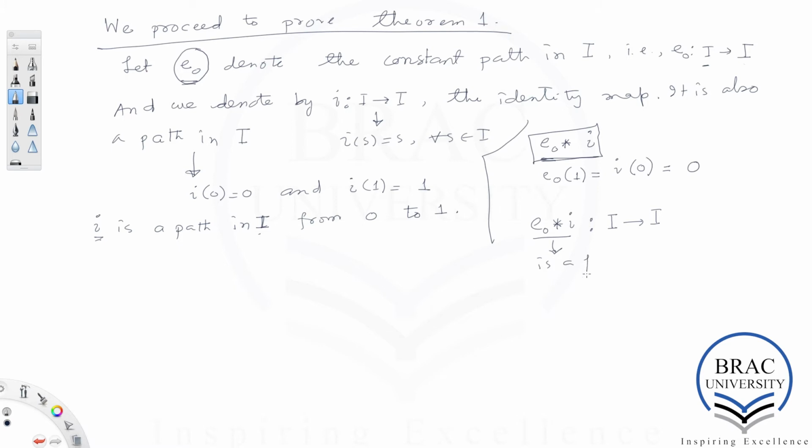It is a path in I from what is the initial point of E0? The initial point of E0 is 0. So it's a path from 0 to what is the final point of I? I of 1 is 1. So E0 star I as a map from I to itself is a path in I from 0 to 1.